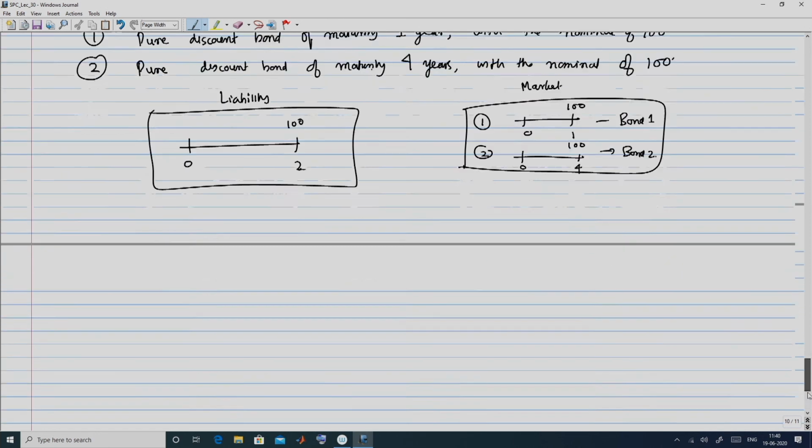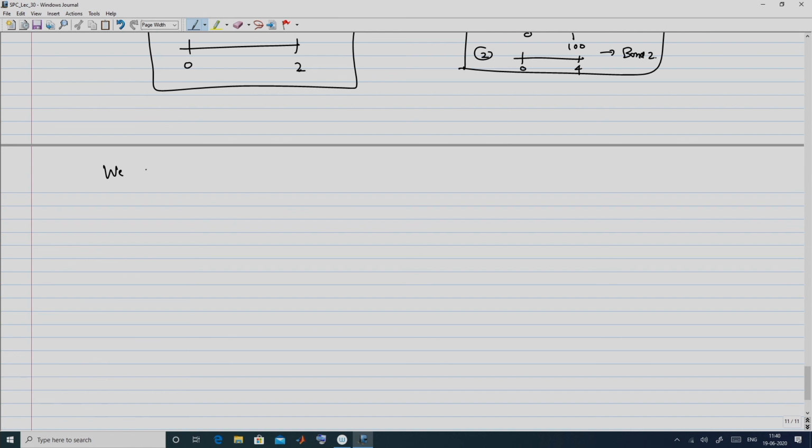Okay, so now as I mentioned while discussing this just now, we start with an amount of 90.70. So, if we had a 2-year bond, this into (1 plus 0.05) squared would have gone to 100.